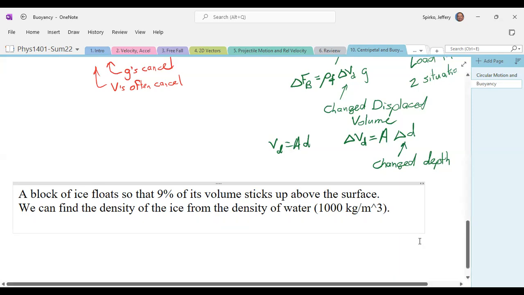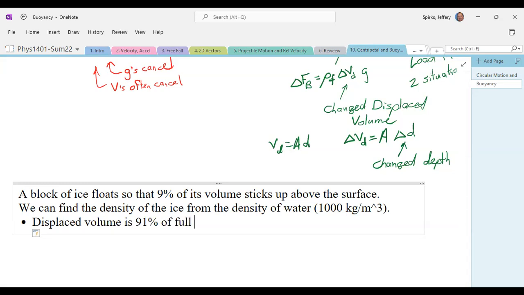So the first thing we need to realize is that if 9% of it is sticking up above the surface, that means 91% is underwater. That's the displaced volume. And I can even form that into equations.